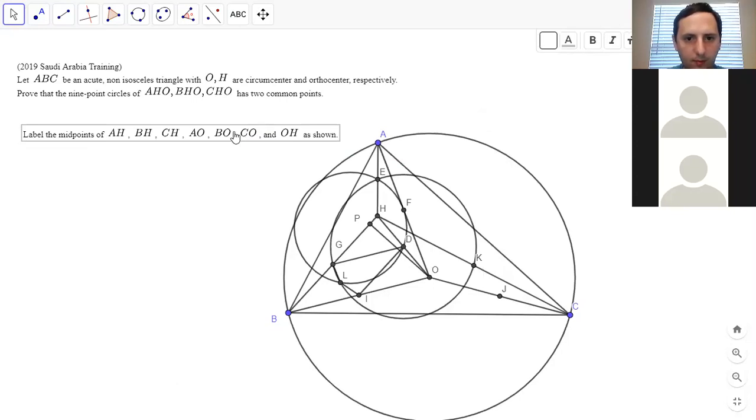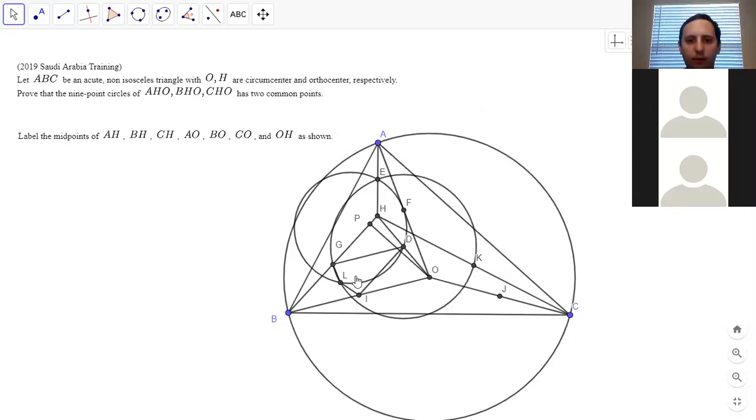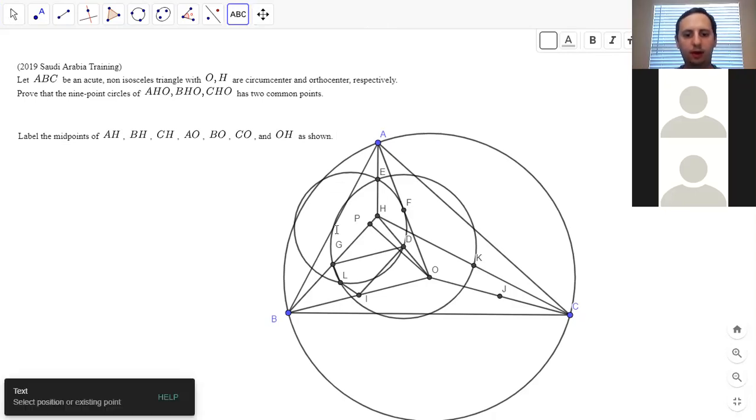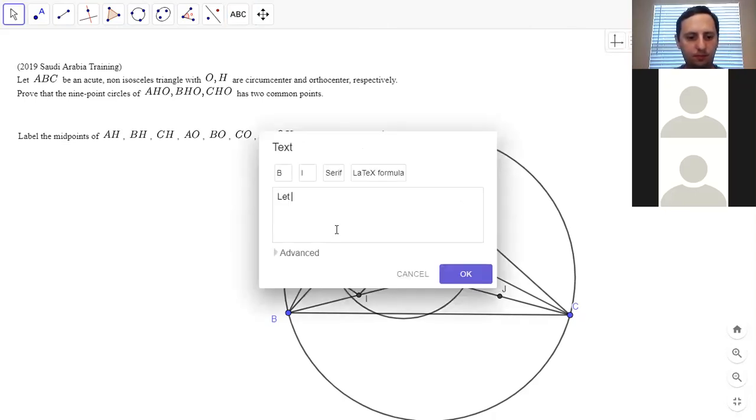And then we want to let the 9-point circle of ABC meet DEF at a point L. So I'll just say let L be the intersection of the 9-point circles of ABC and AOH.